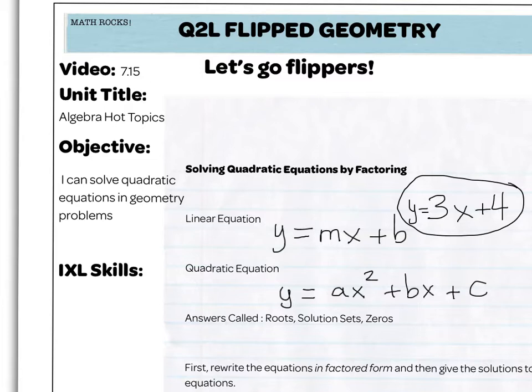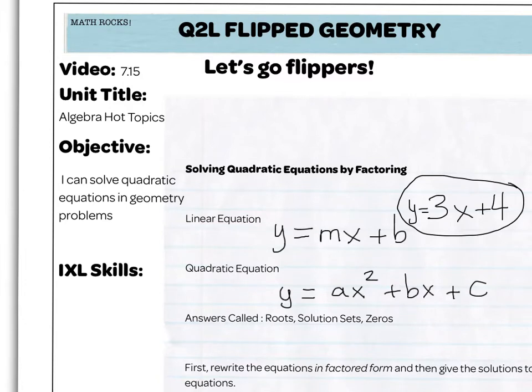Now, quadratic equations are different, okay? They are different because right away when you look at the standard equation, y equals ax squared plus bx plus c, the fact that this is x squared indicates that there are possibly multiple solutions for this type of problem. The multiple comes in with this exponent, which is a 2.